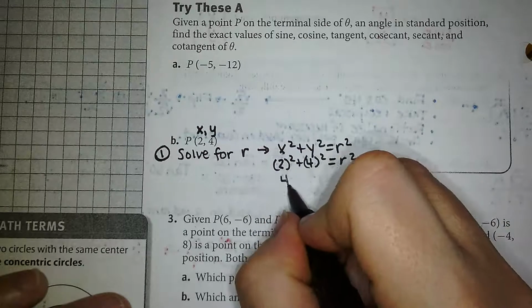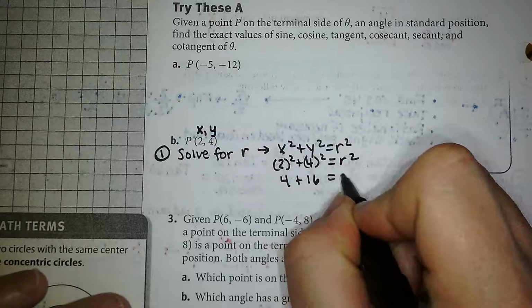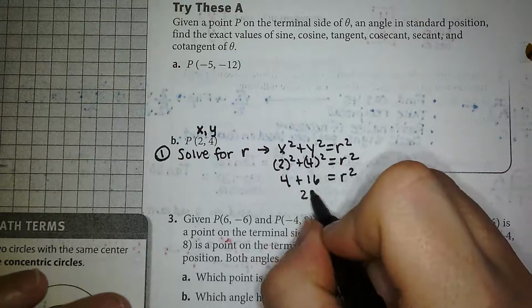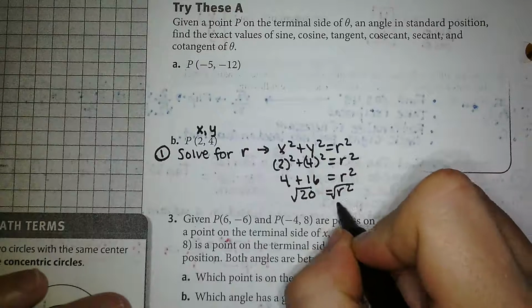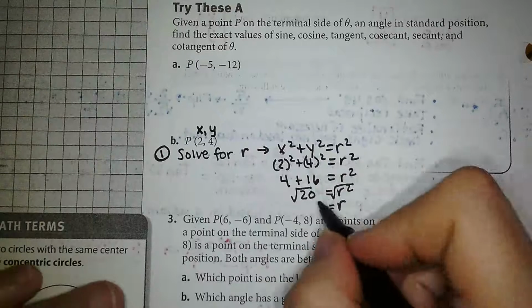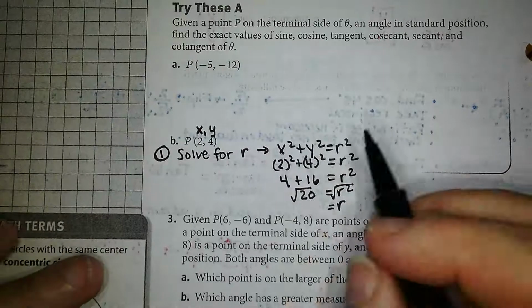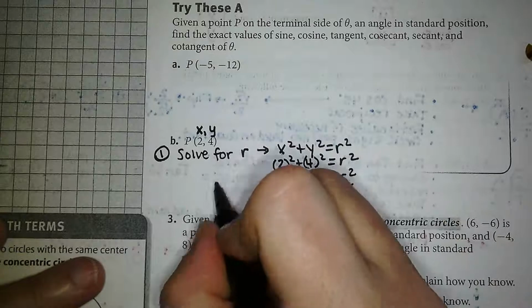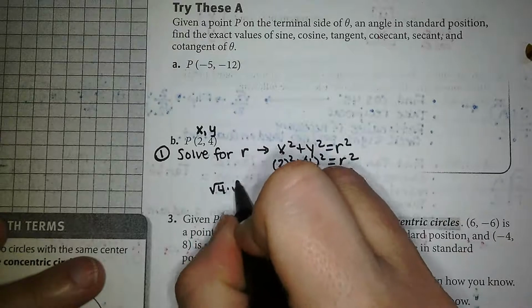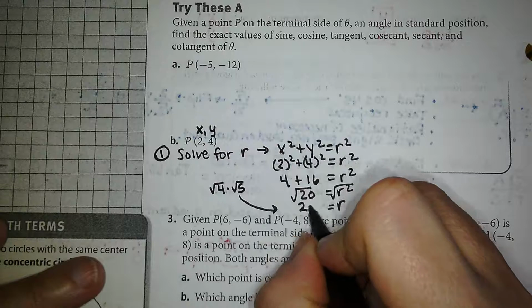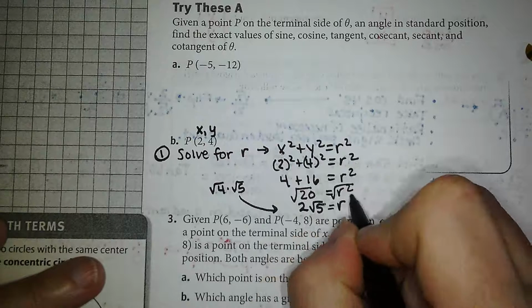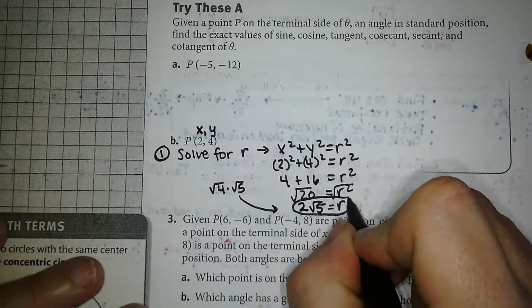Trying to get that r value. r squared is 20, and you have to take the square root of 20, and then you need to break it down. So this is going to be the square root of 4 times the square root of 5, which simplifies to 2 square root of 5. So this is my radius.